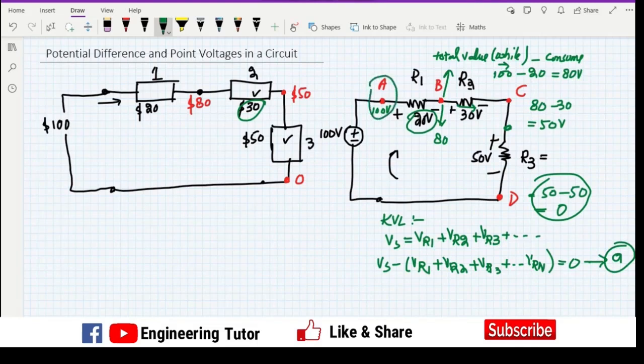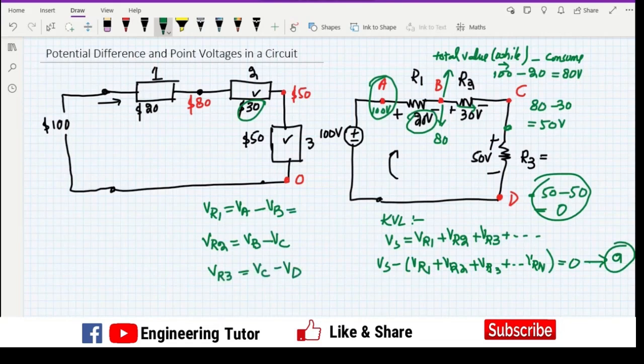A, B and C are the point voltages, while the other quantities are called potential differences, because we can see here that VR1 is equal to VA minus VB. Similarly, VR2 is equal to VB minus VC, and VR3 is equal to VC minus VD.